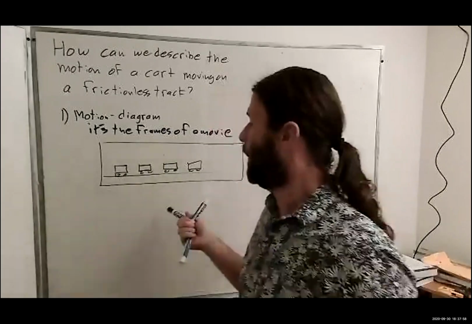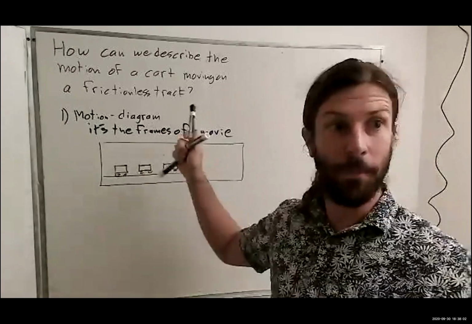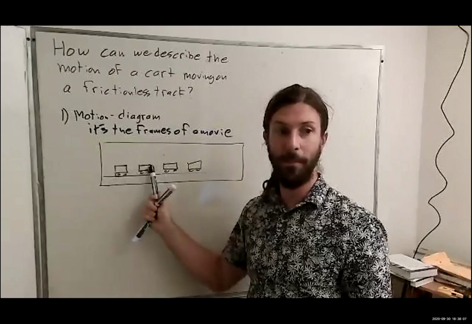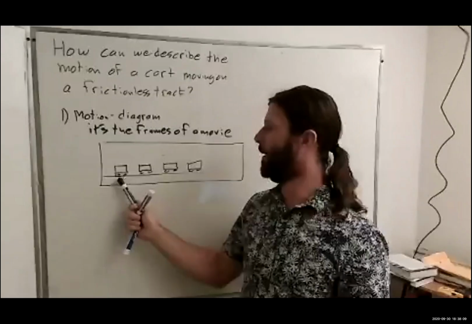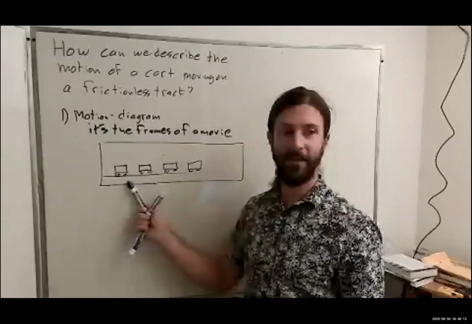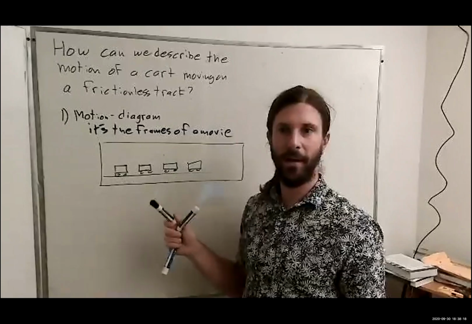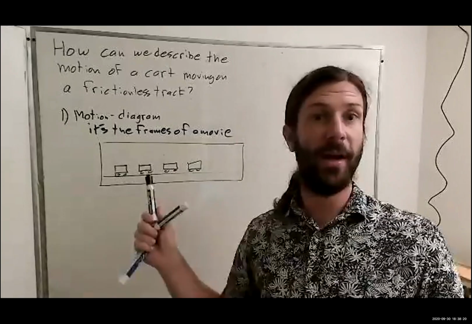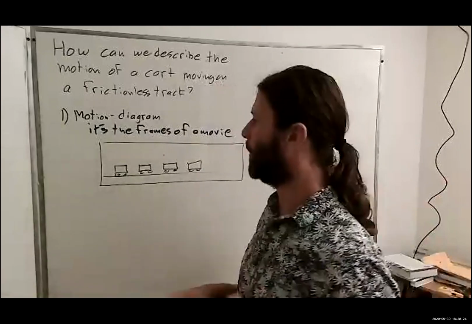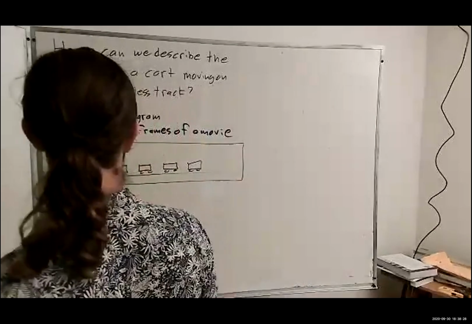Now, there are all sorts of things you can gather from here: the shape of the cart, and you could probably figure out how fast it's moving if you know the delta t between these frames, and if you maybe have a ruler down here that tells you the spacing between each of them. So yeah, a motion diagram is one way to describe the motion of an object. Now, sometimes in a motion diagram, for simplicity, we'll just use dots.